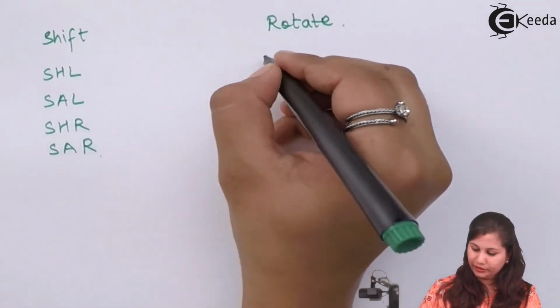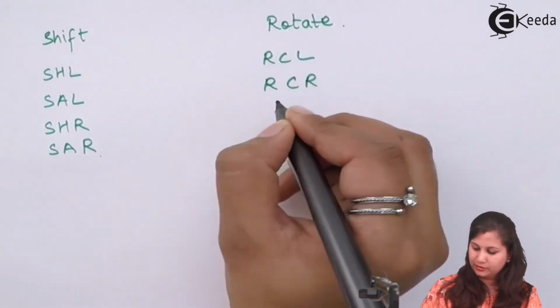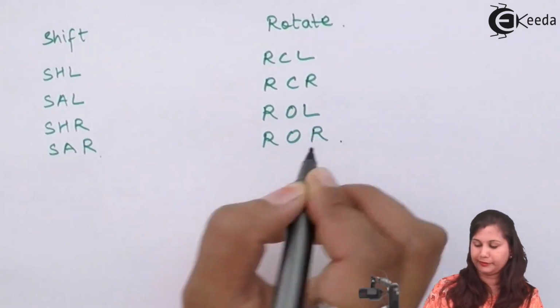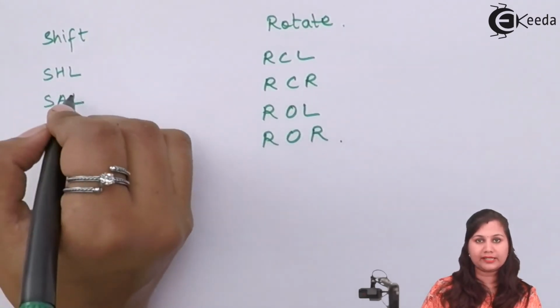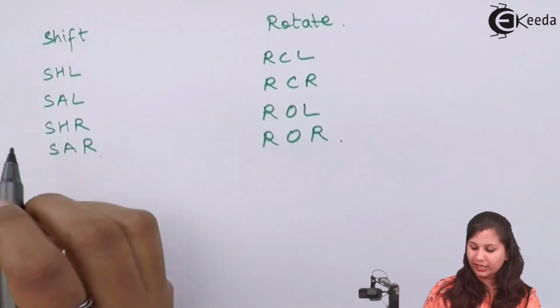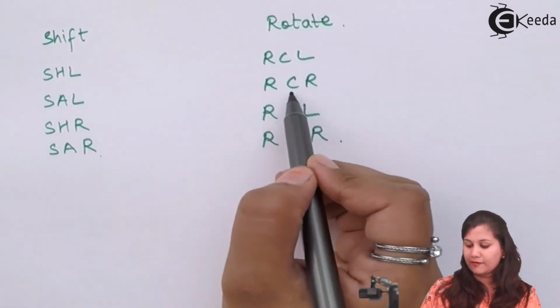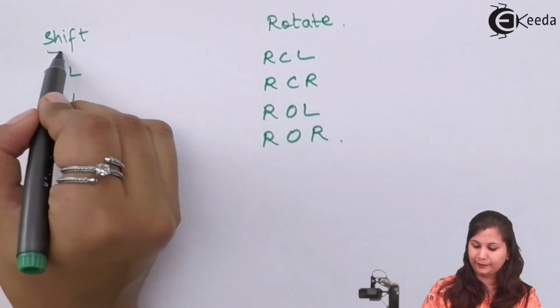For rotate, we are having RCL, RCR, ROL and ROR. Here we are shifting to the left hand side through carry and without carry. Here we are shifting to the right hand side. These are for rotating to the left hand side and to the right hand side.